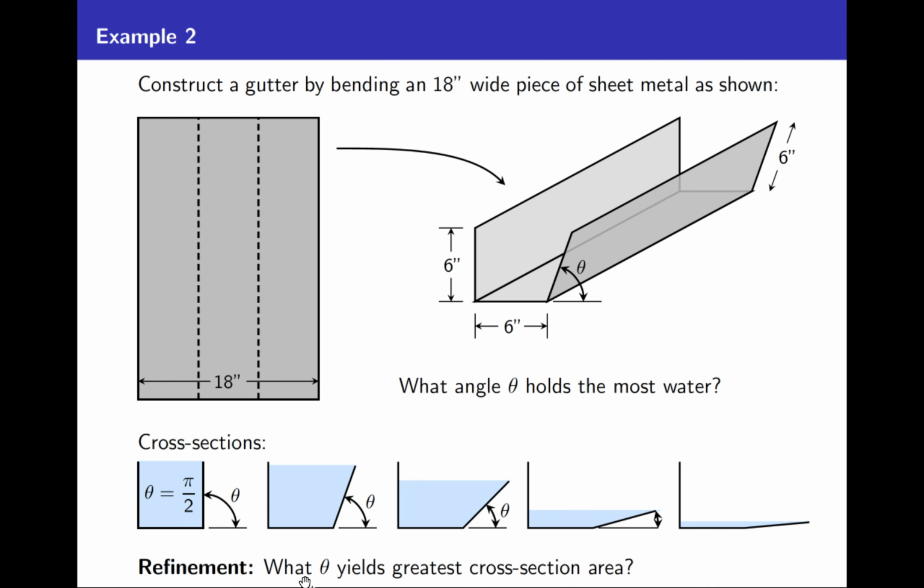Let's find what angle theta yields the greatest cross-section area. And right there, you can see that this is a maximization problem: you want a function of theta that gives you cross-sectional area, and you want to find the theta that maximizes that function.